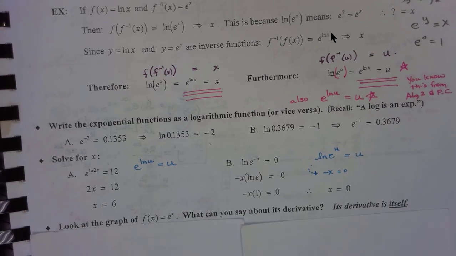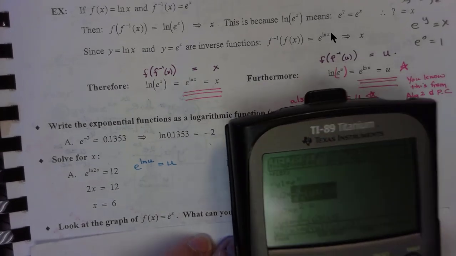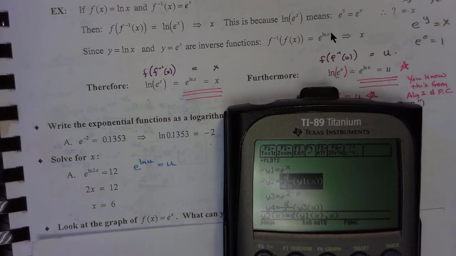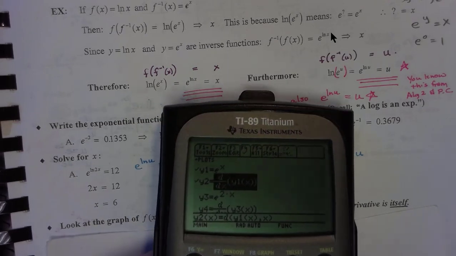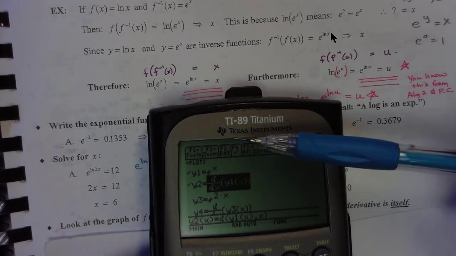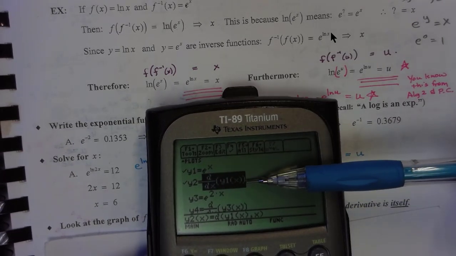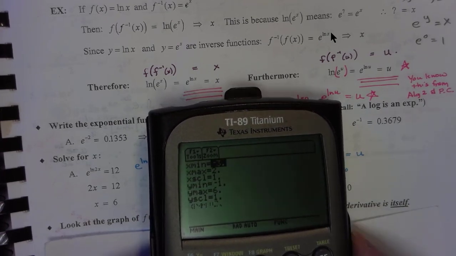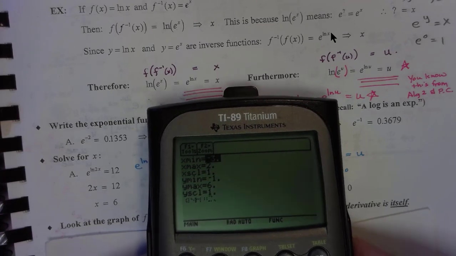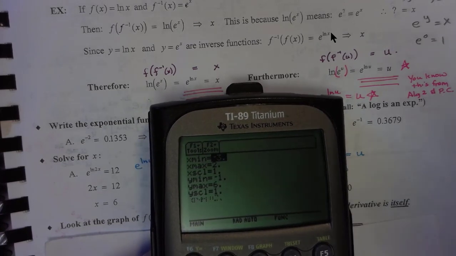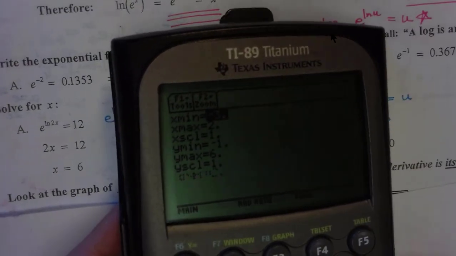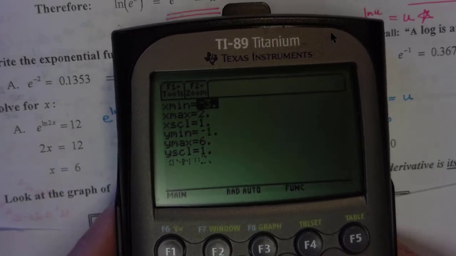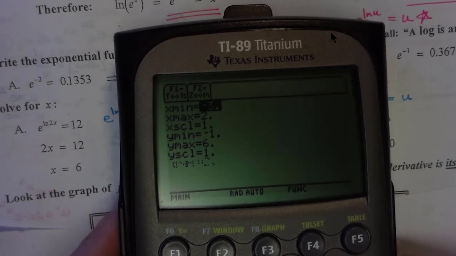Now we are going to look at the graph of e to the x and its derivative. Okay, you will see that here I am asking the calculator to show me e to the x and then the derivative of that. And I've adjusted my window so that I'm looking at x from -3 to 2 on a scale where the x scale is 1, meaning every tick mark on the x-axis represents 1 unit.